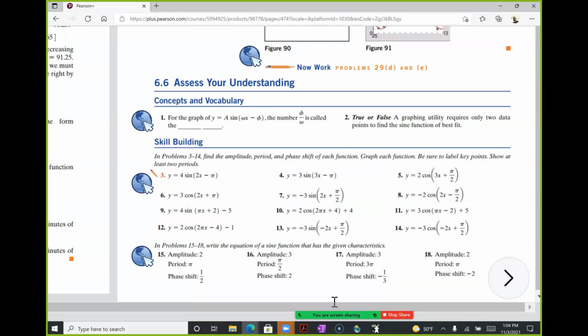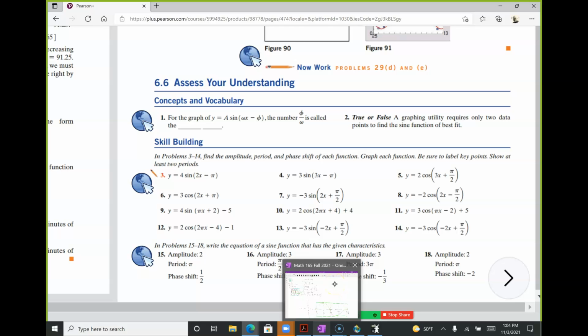Yeah, there's a couple tricky ones there, but that's fine. I guess 9. 9's fine, right? So y equals 4 sine of... Oh, should I do a cosine one? Should I do 10? Let me do 10.